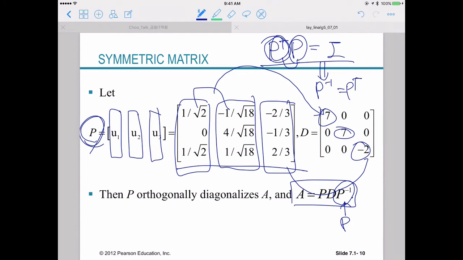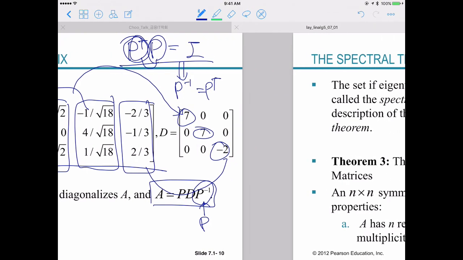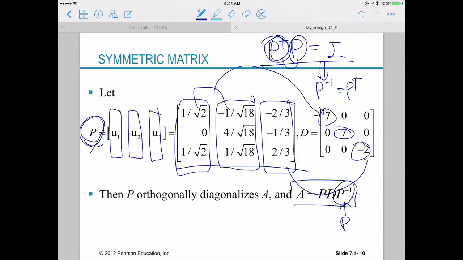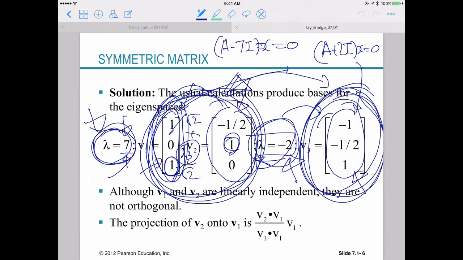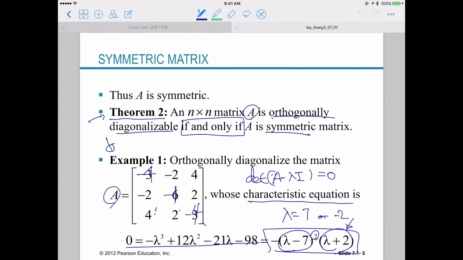You can verify by computing P transpose and checking whether it's the same as P inverse. So, at least for this particular example, you have successfully orthogonally diagonalized your matrix A, which is a symmetric matrix.